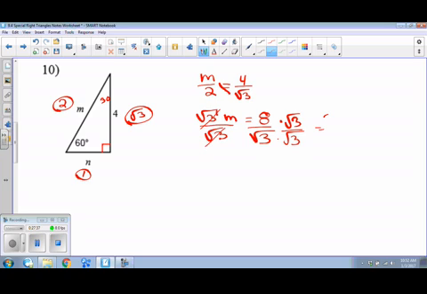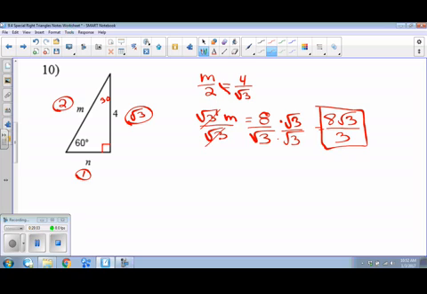So now, on the top, you leave it 8 square roots of 3, but the square root of 3 times the square root of 3 is just 3. So this is an acceptable answer. It is mathematically equivalent to that, but you're not allowed to put your answer with the radical in the denominator.